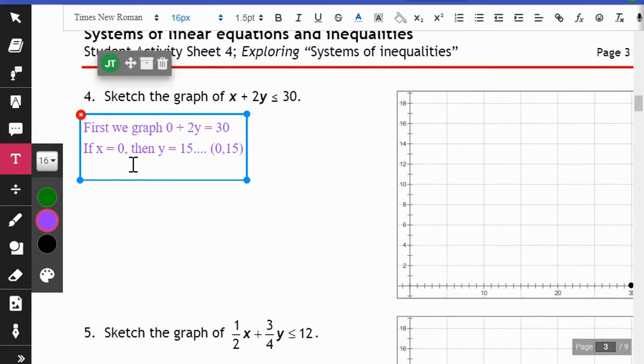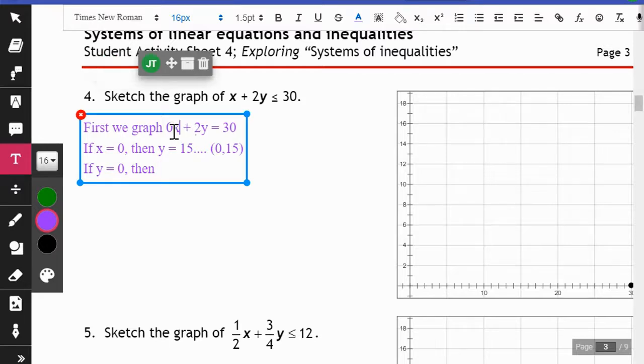The other point I'm going to graph is what if y equals 0. The reason that I'm explaining it in real life is just to understand what it represents. But we just turn x into 0 and see what that makes y. Turn y into 0 and see what that makes x. So now we're going to make y equal 0.